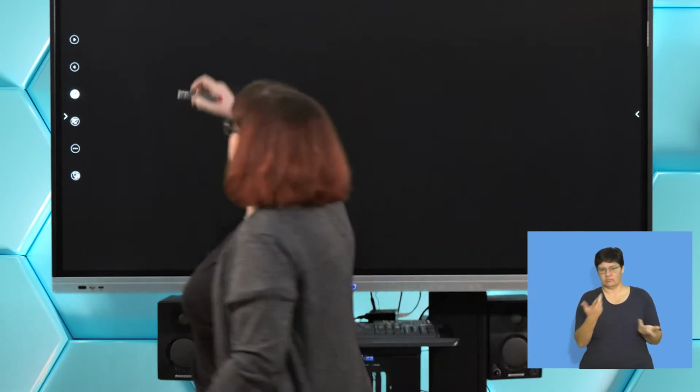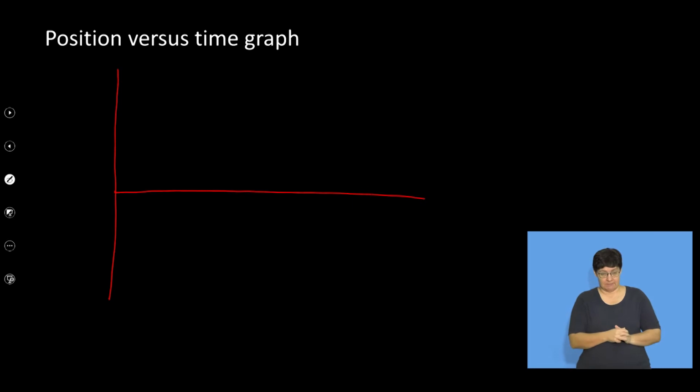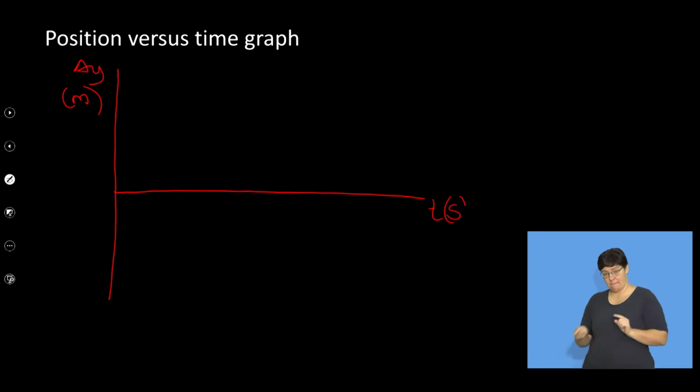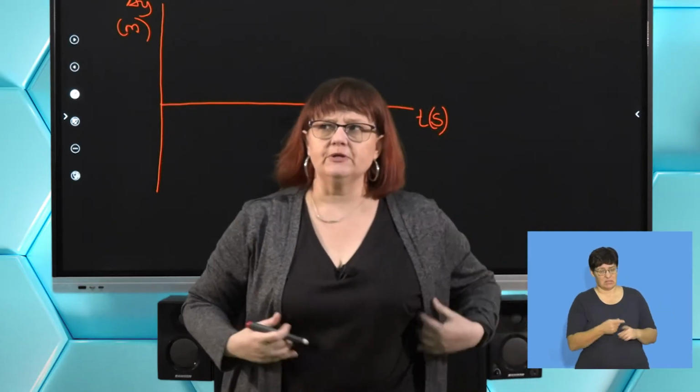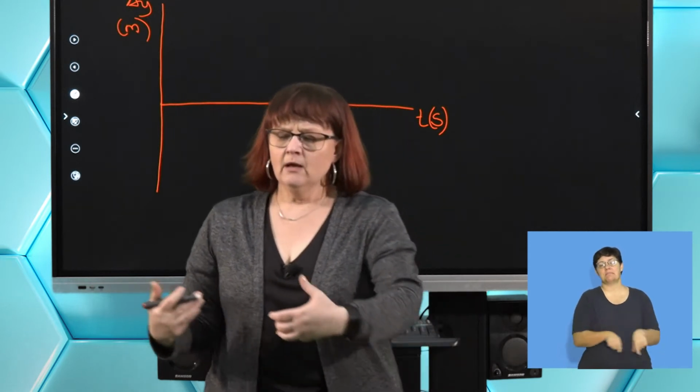So it all depends on what we do with the ball, what our positive direction is, but essentially what our graphs end up looking like, okay, is we have our position, we have time, and I always take original direction of motion as positive because I just like to stick to the same thing every single time.